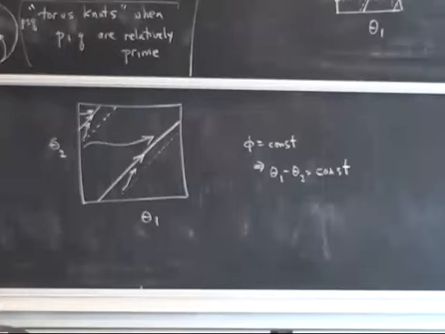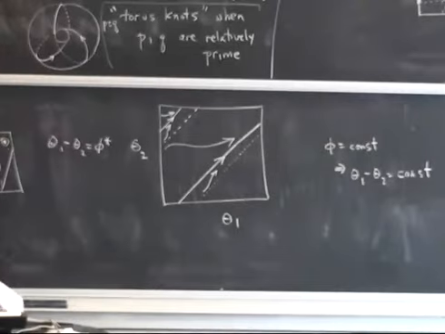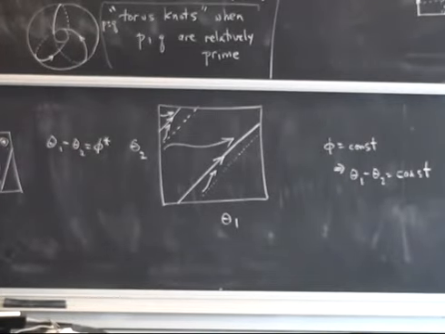That is, the phases will be locked together with theta 1 minus theta 2 equals some stable distance. That is, the runners will be synchronized. They're not going to run side by side, but they will keep a fixed distance between them asymptotically.